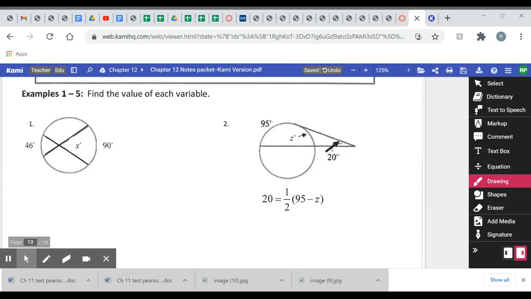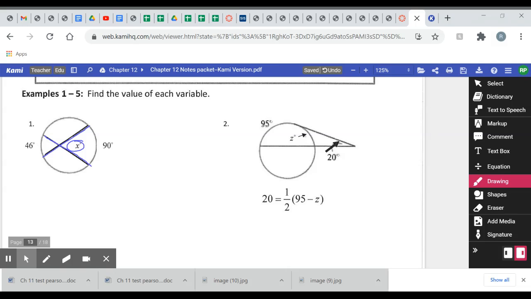So for example 1, it doesn't really matter if they're chords or secants where the lines extend out to the circle. Again, it's the idea: is it formed by an X and the angle's inside the circle, or is the angle we're dealing with outside the circle? So in this case, I see an X, these two lines forming an X, and the angle we're looking for is right here inside the circle.